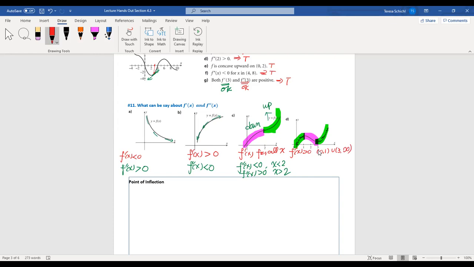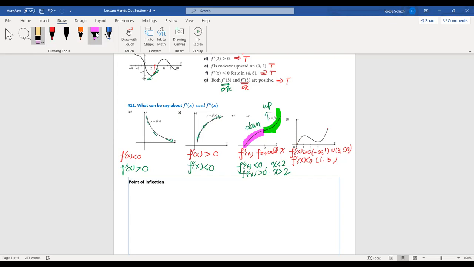Now maybe this is continuous down, so maybe instead of 0 to 1, we can say negative infinity to 1, right? Then f prime x less than 0 is from 1 to 3 because it's decreasing.